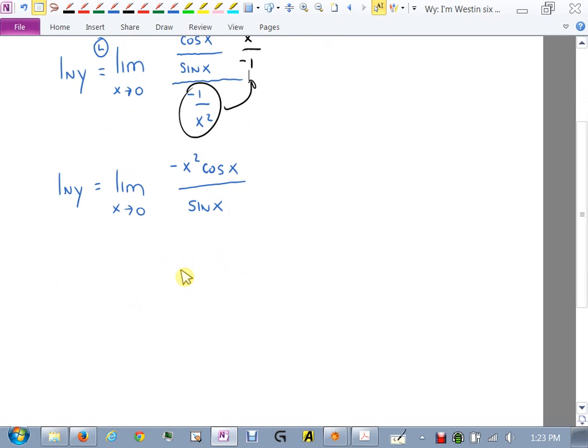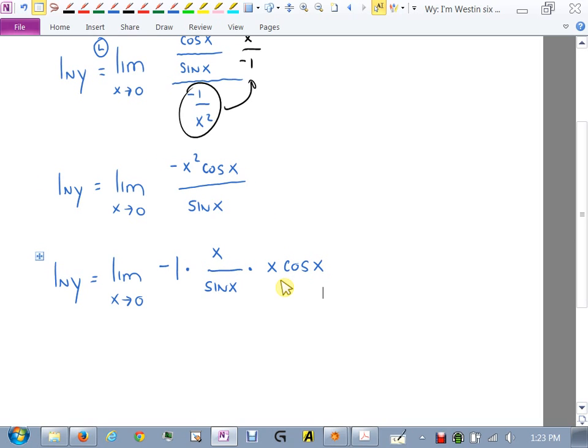Okay, now check this out. See if you recall this. I'm going to put the negative out here as a -1 so it doesn't get in our way. Tell me if you believe this is the same expression. Is that the same expression? Negative is out here. X squared I could write as x times x, right? And then cosine x, I can just put it to the side.